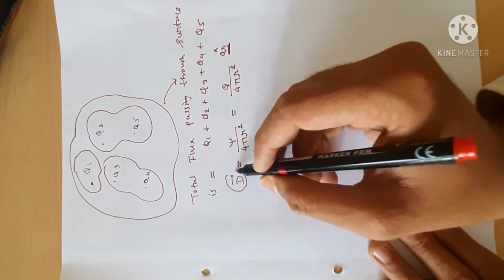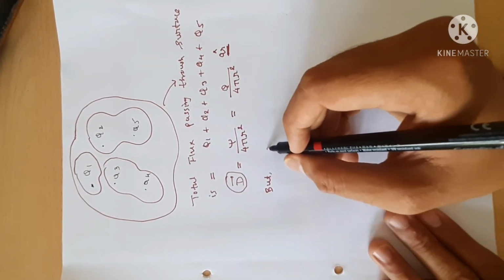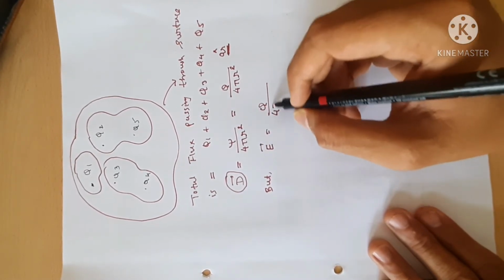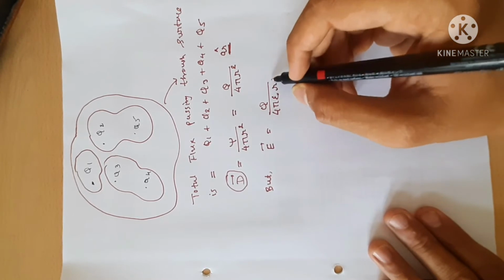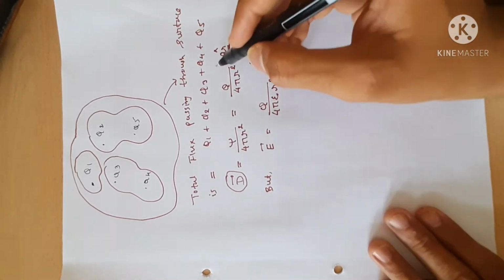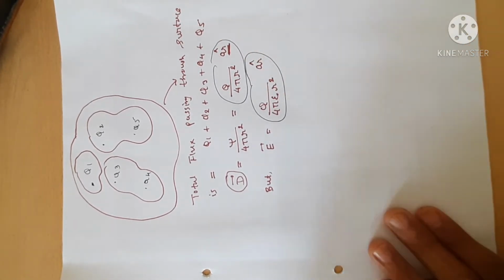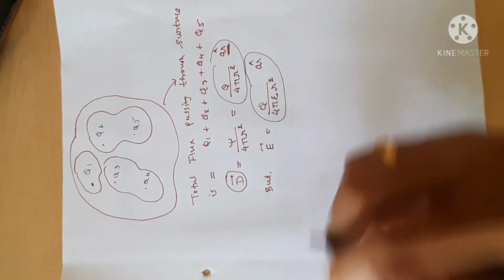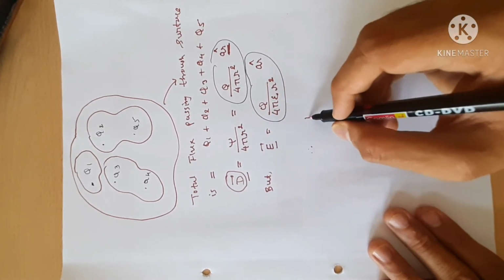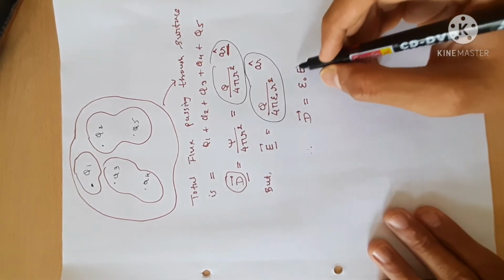Because D is a vector quantity. As we know, the electric field intensity is E equals Q upon 4 pi epsilon 0 r square into AR. Comparing this equation with that one, we can relate D and E: D is equal to epsilon 0 E.